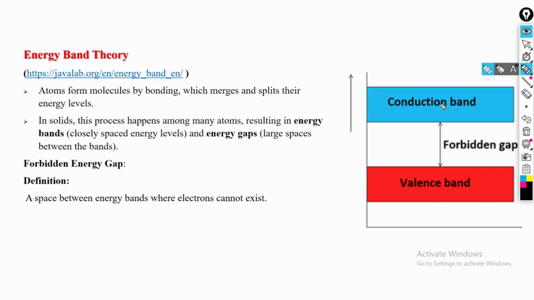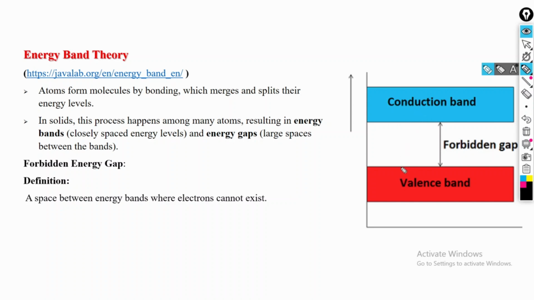These molecular orbitals which form the band have higher energy; we call them the conduction band. This has the lower energy, and this is the valence band. In the conduction band and valence band the electron will be present, so we call these permissible energy states.